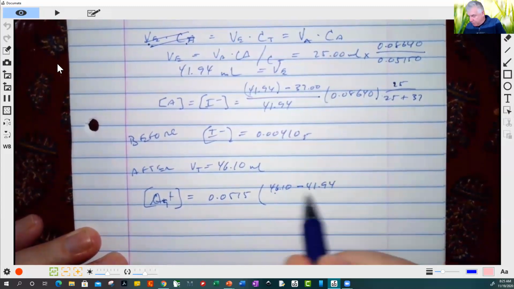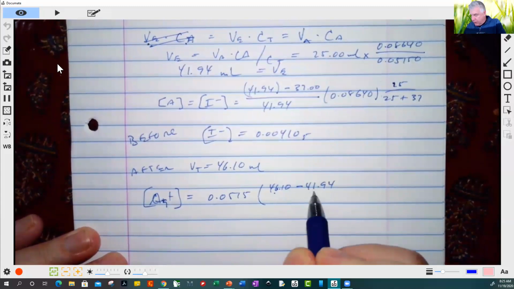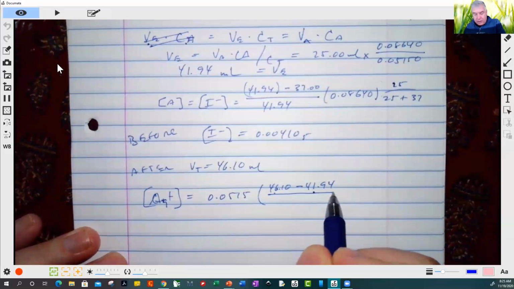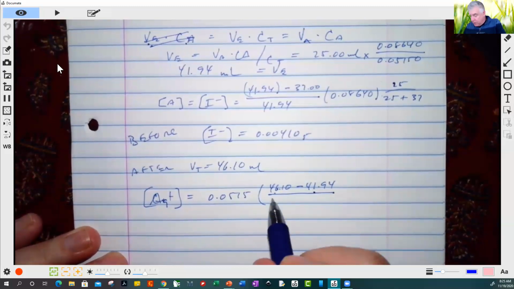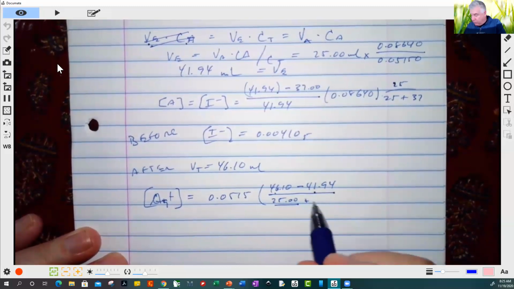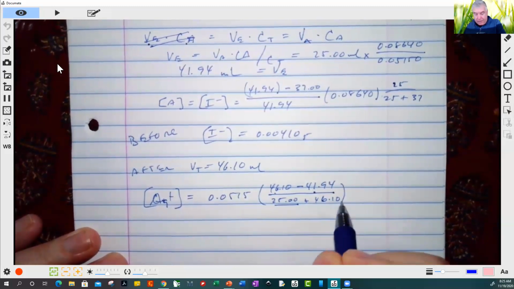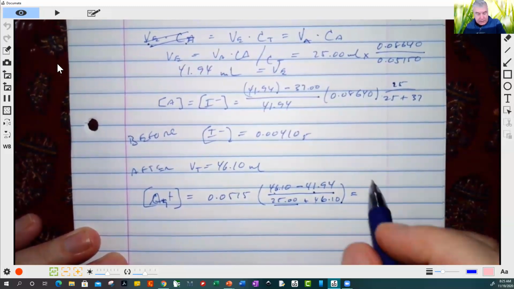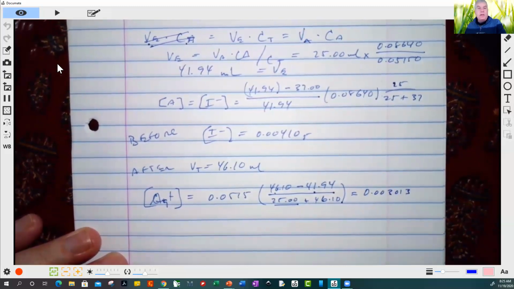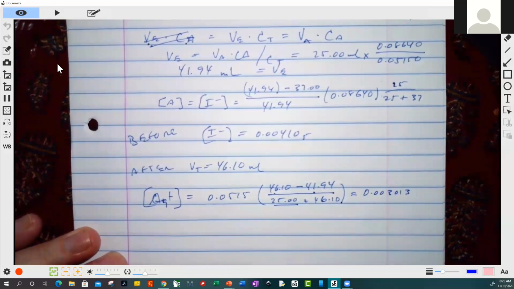That's the number of mLs past the endpoint that we went. Divide that by the total volume, 25.00, the original, plus the amount of titrant that we added, which is 46.10. And this gives us 0.003013. Is that right, Alan? Yes, sir.